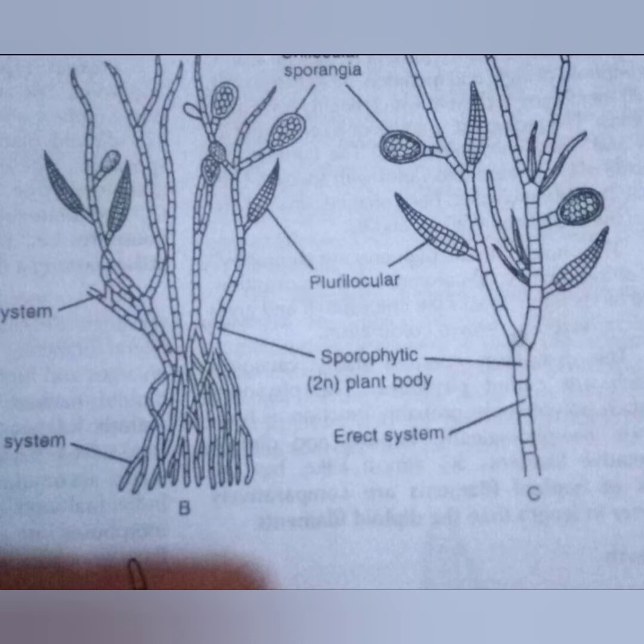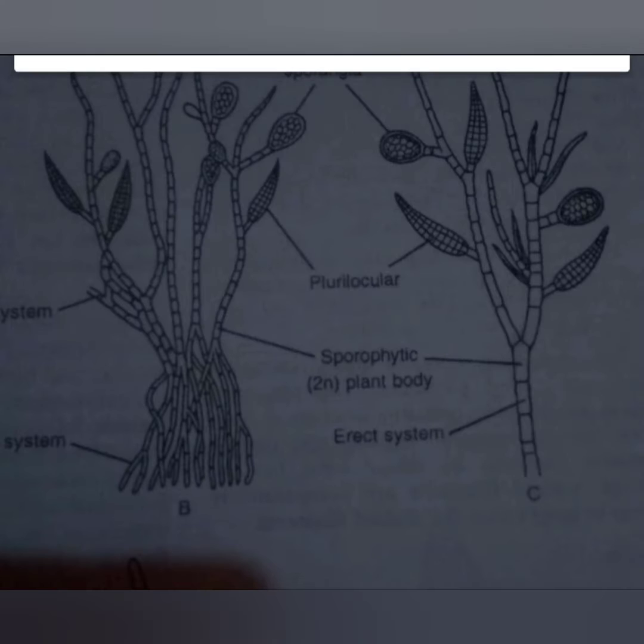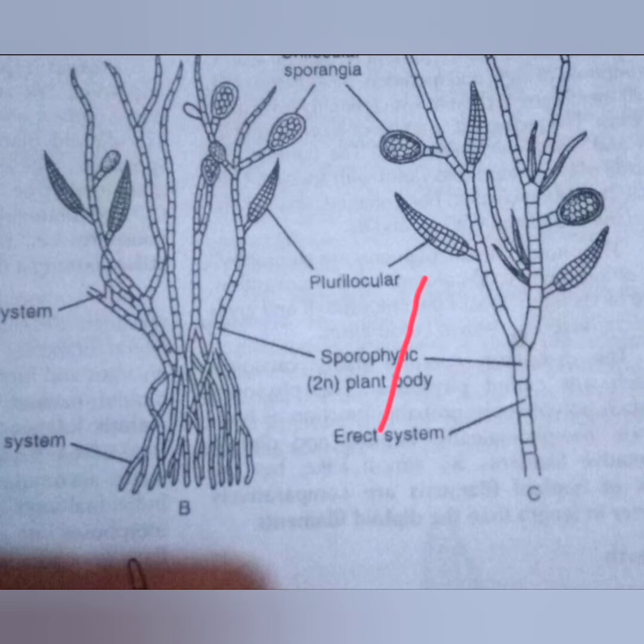Both these types of sporangia, as you can see in this figure, the plurilocular as well as the unilocular sporangia, are born on the same filament, on the same plant. But there are some species where these two types of sporangia are formed on different plants.